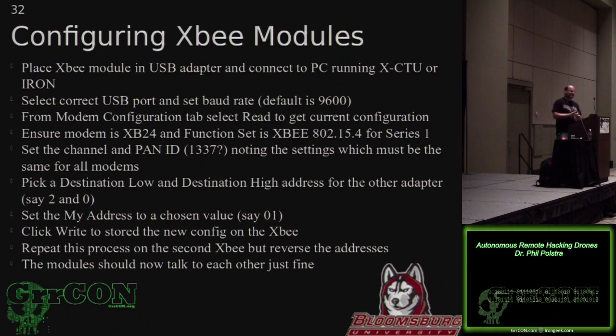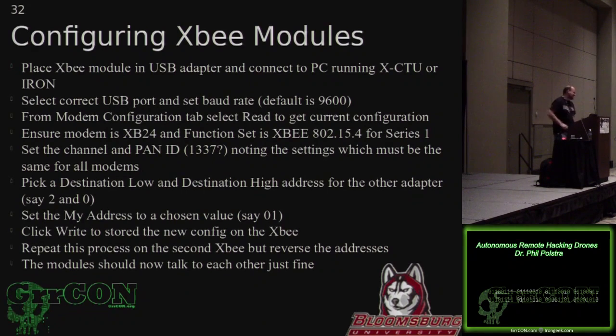You have to set up things like, what's its address going to be? Every XB modem has what we call a PAN ID, a Personal Area Network ID. It defaults to 3332, but you can get cute, and you can make it 1337. Or 31337 works too, if you're extra elite.